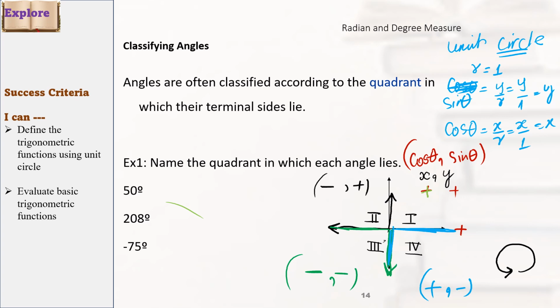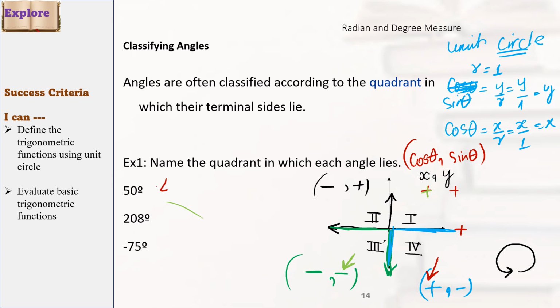What is the sign of sine theta in the third quadrant? Sine means y, so in the third quadrant, sine theta is negative. What is the sign of cos theta in the fourth quadrant? In the fourth quadrant, cos theta refers to always x, so it is positive. So this is how we tell the sign of cosine and sine.